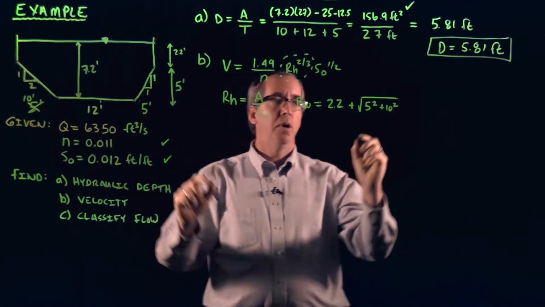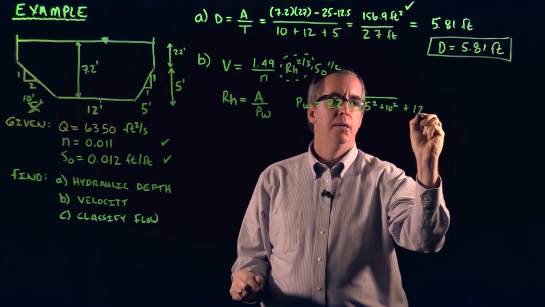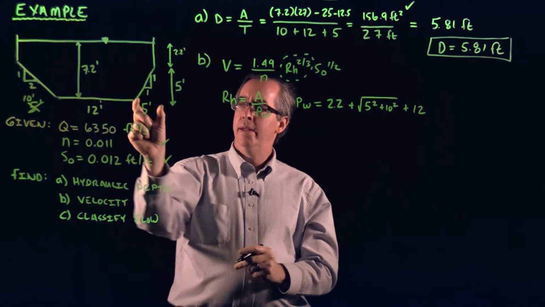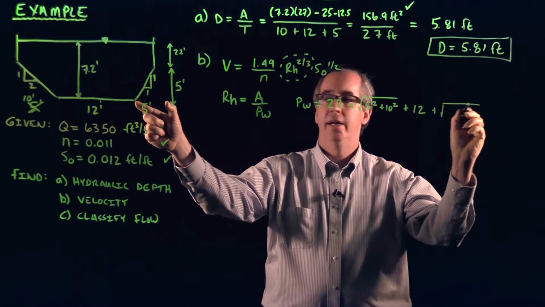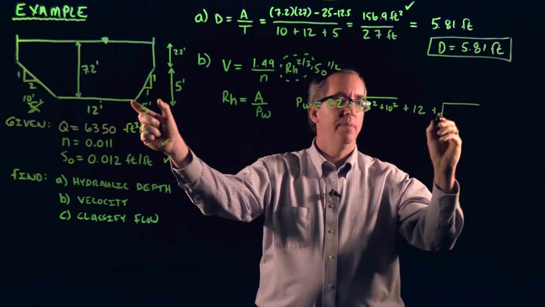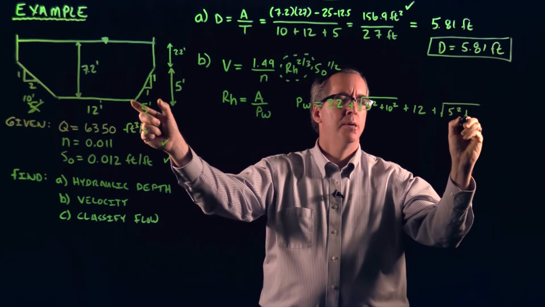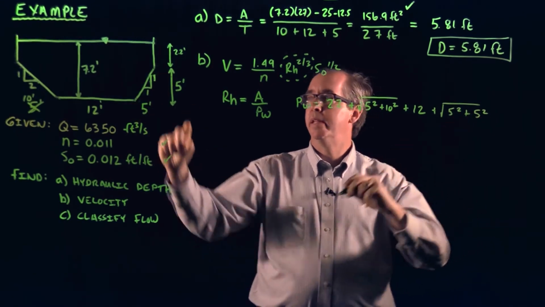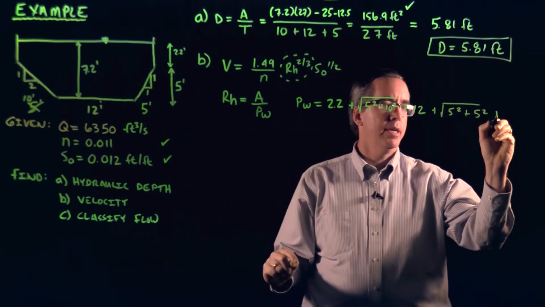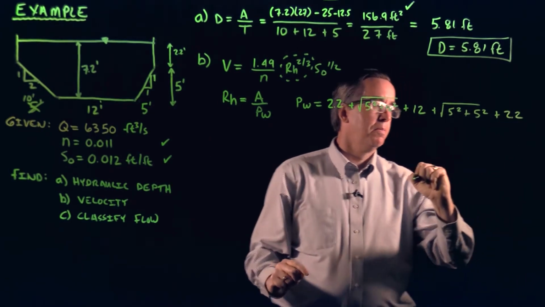Then I'm going to add the 12. Then I'm going to do the same thing with the Pythagorean theorem: this dimension 5 squared plus this dimension 5 squared. And then the last piece I have is the 2.2.